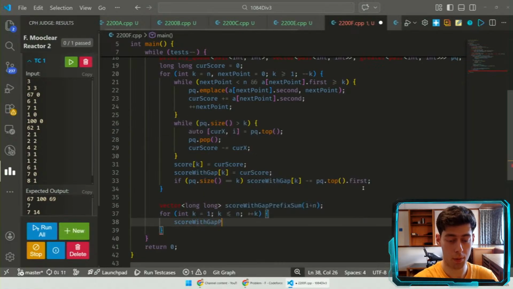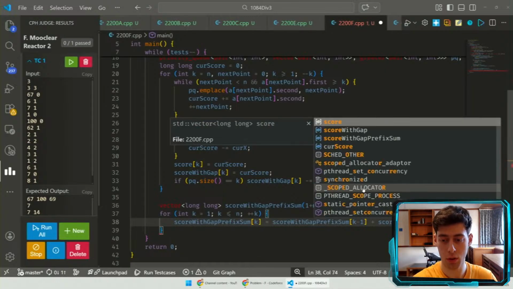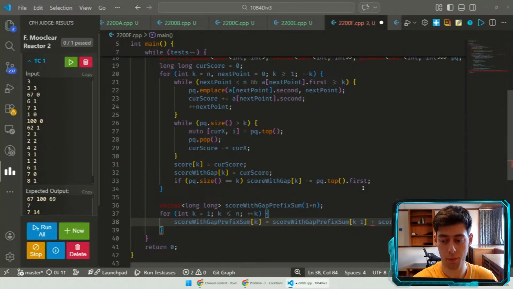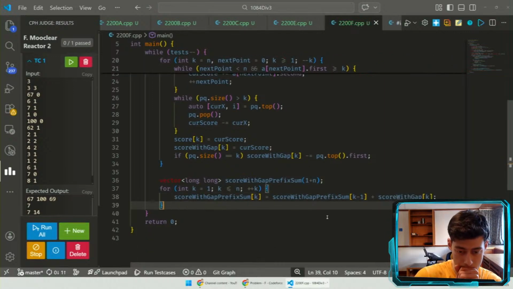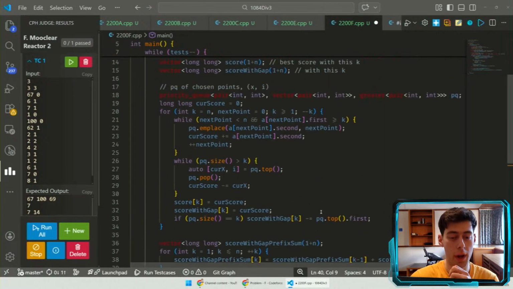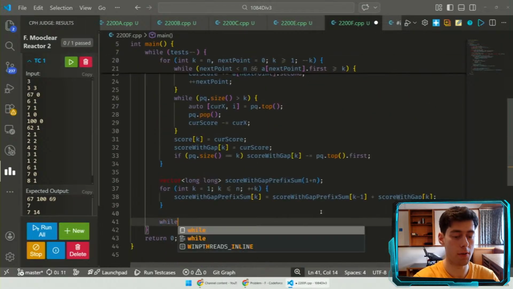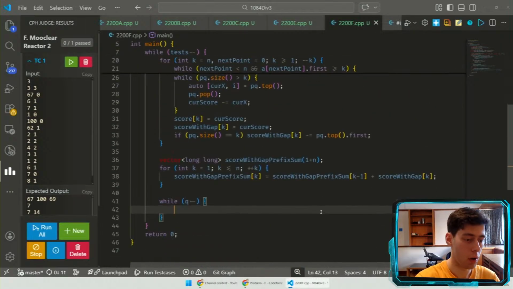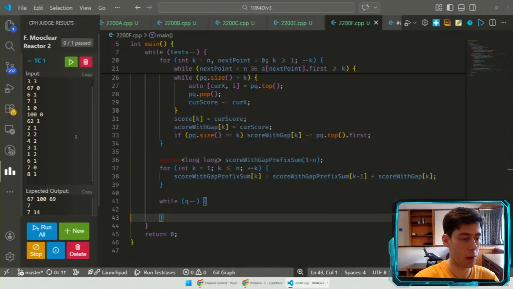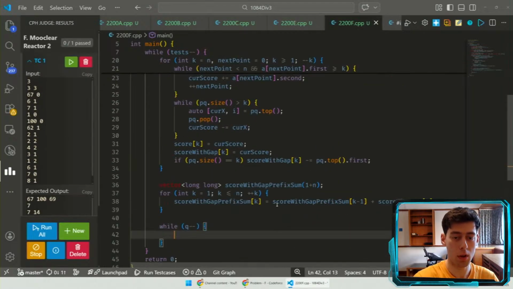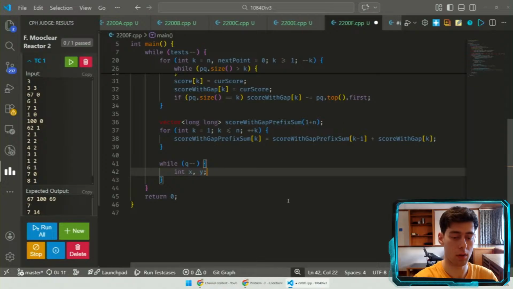Score with gap prefix sum k equals score with gap prefix sum k minus 1 plus score with gap k. Okay, I think we're ready for the queries now. How do the queries work? They'll be the same. So I'll get an x and a y.